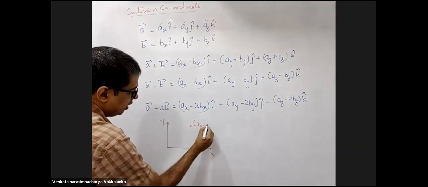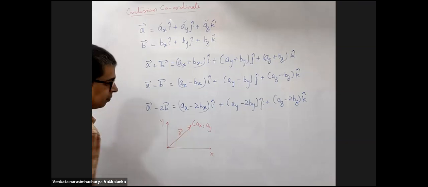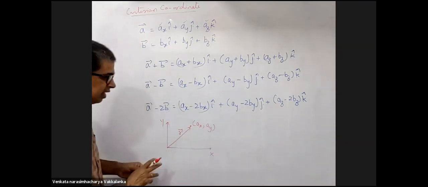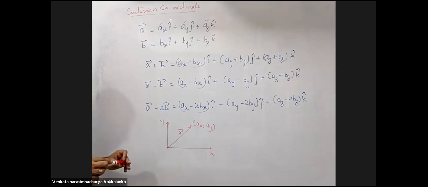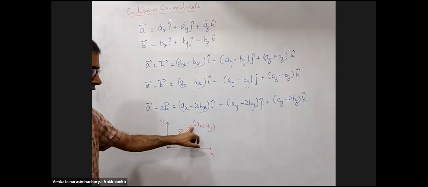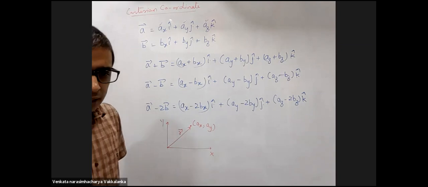Coordinates of this are ax, ay. That means this will be the vector R. Suppose I take az as well, the vector will be like this, outside the book. Coordinates of the head of the vector are ax, comma, ay.